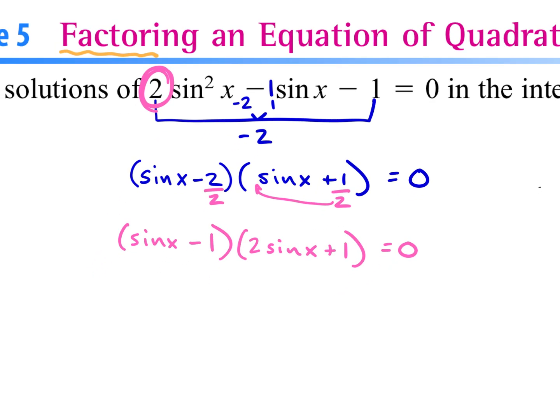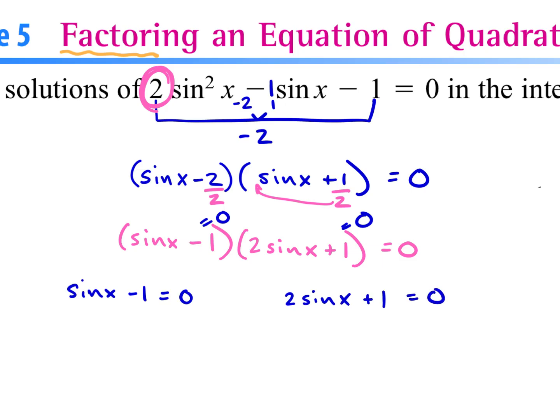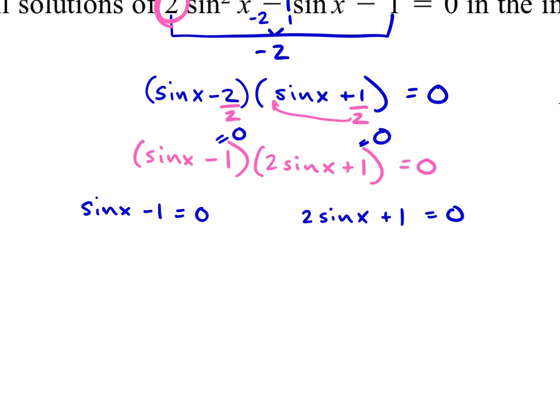What should we do next? We're going to set both of them equal to 0. So sine of x minus 1 equals 0, and 2 sine of x plus 1 equals 0. What should we do with the first one? Add 1 to move it to the other side. So sine of x equals 1. We can go to our unit circle and solve from here.